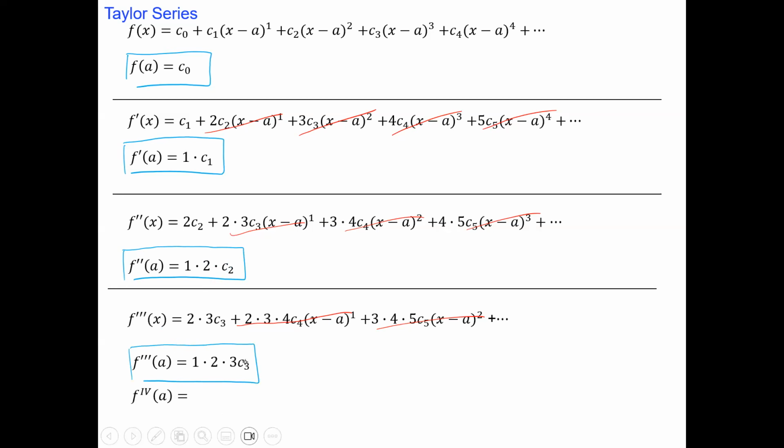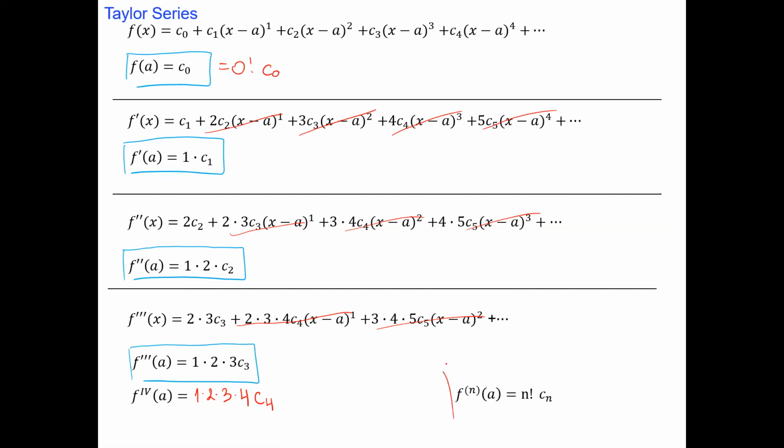Now if we think about the fourth derivative, you can probably say aloud it will be 1 times 2 times 3 times 4 C sub 4. And then if we think about the nth derivative at a, we can notice the coefficient of C sub n is the corresponding factorial: 4 factorial, 2 factorial, 3 factorial, 1 factorial, and even 0 factorial C sub 0. 0 factorial is 1.